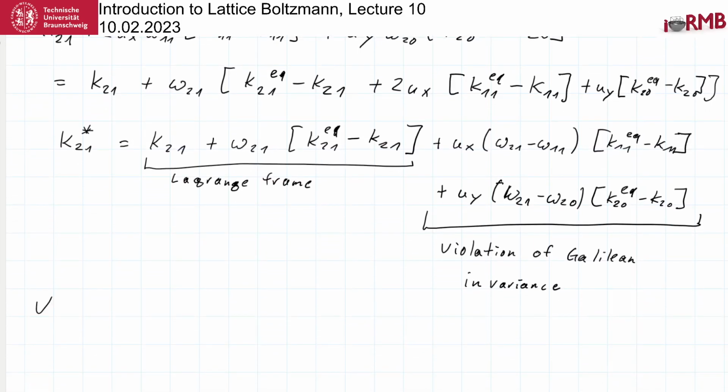So, okay, Galilean invariance, let's write it down. Galilean invariance just means that each law of nature must be invariant with respect to the inertial frame. I remind you, this is before Einstein, and now Galilean invariance has been replaced by Lorentz invariance.